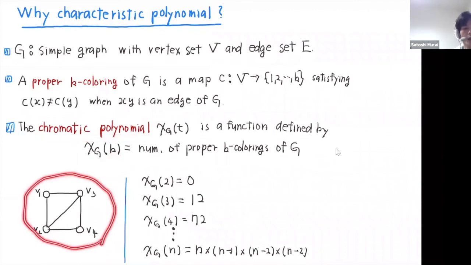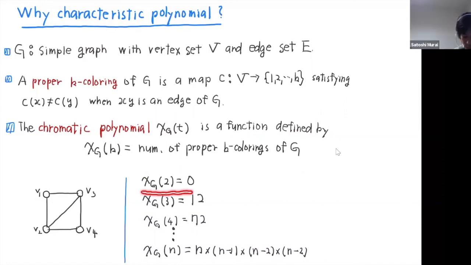So consider this graph G. First, there is no way to color the vertices of this graph using only two colors, so you get chi_G(2) is equal to 0. For chi_G(3), you consider the coloring of the vertices of this graph using 3 colors. Actually, there is essentially one way to color these vertices.